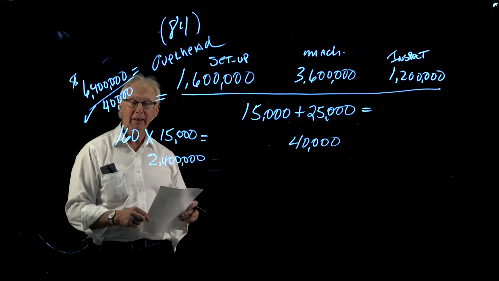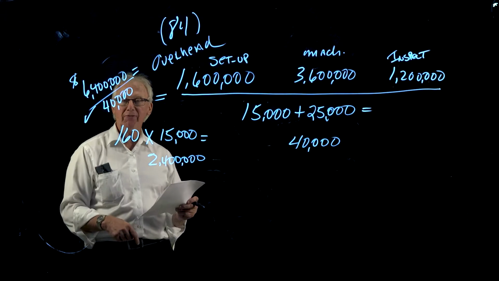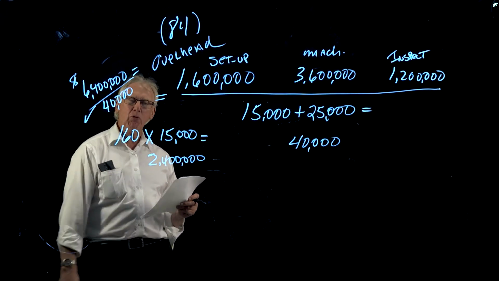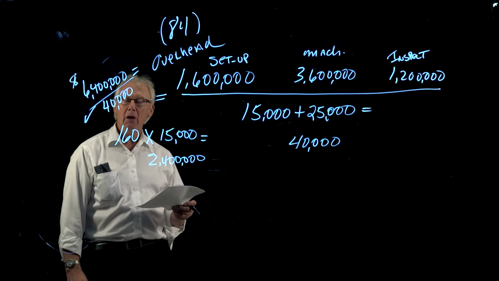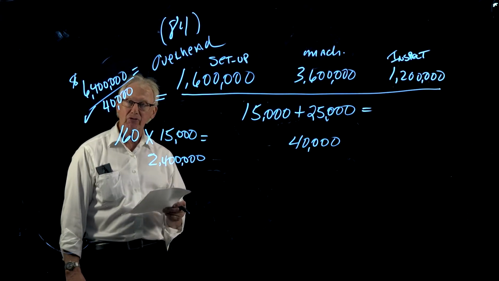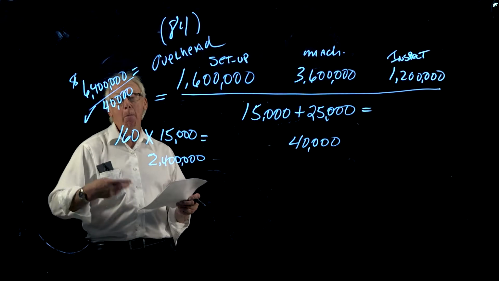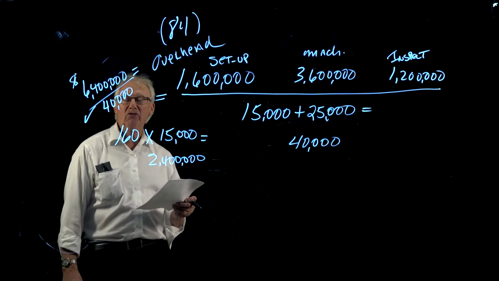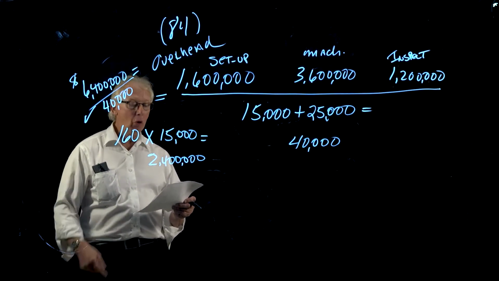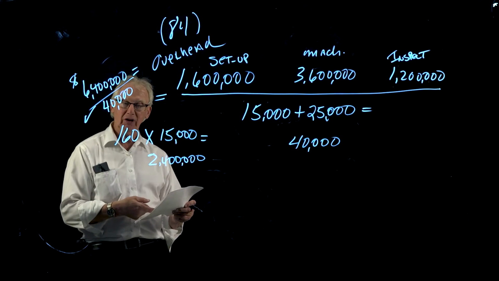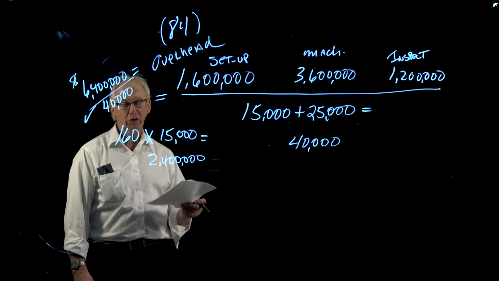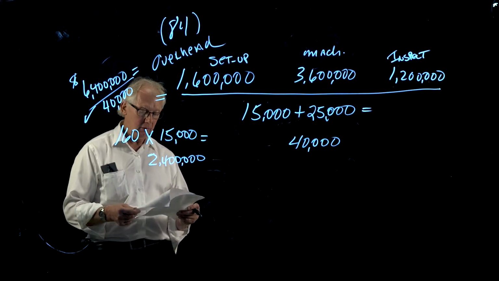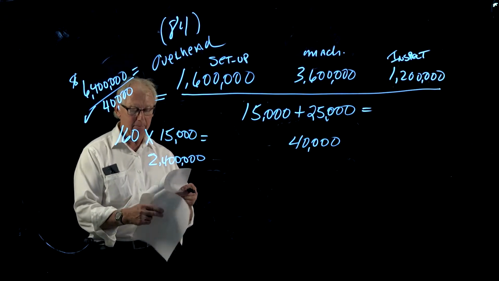That's the way we did it in chapter 15. You probably will see at least one problem like this on the exam using traditional costing. Most of the activity-based problems will be very similar to what you see here, but I probably will put one question on traditional costing. So that's number 84.